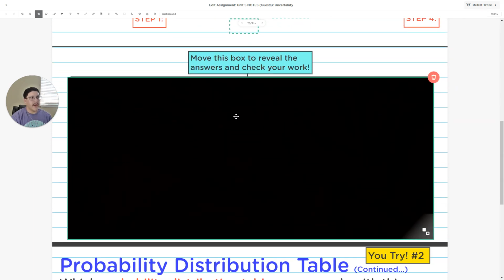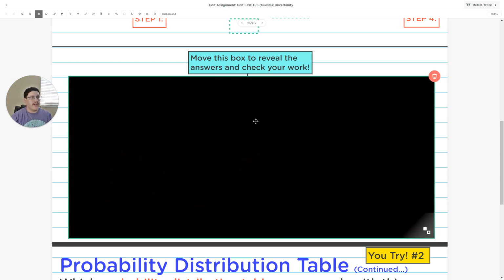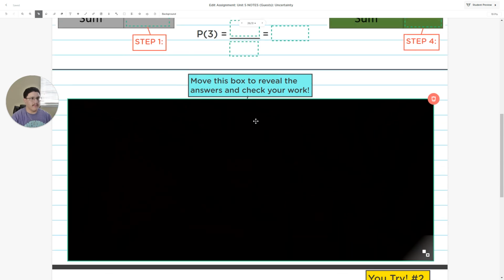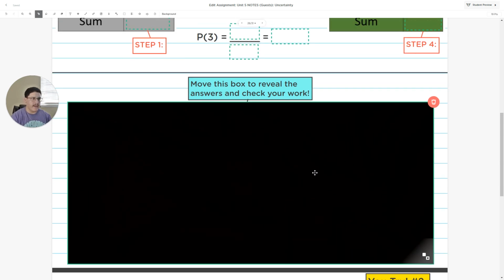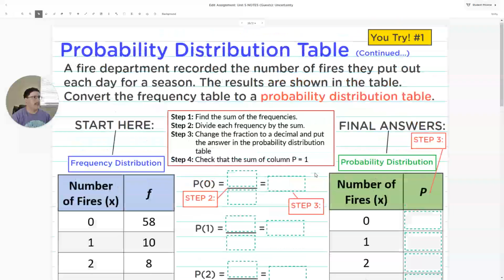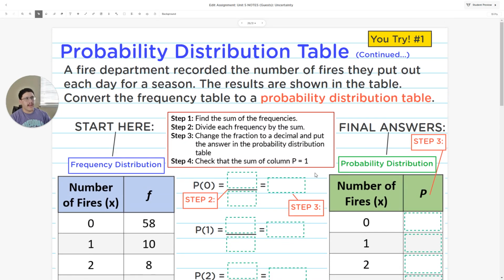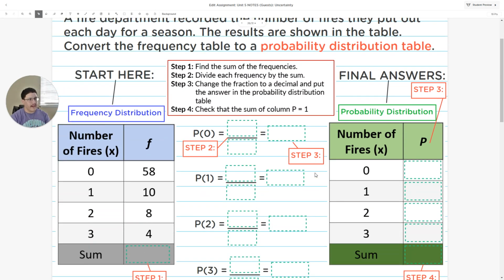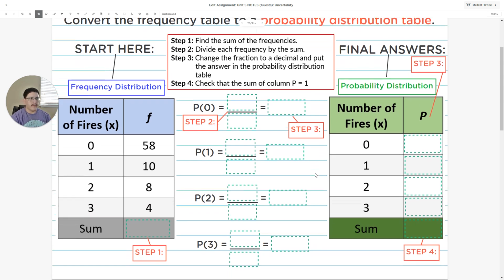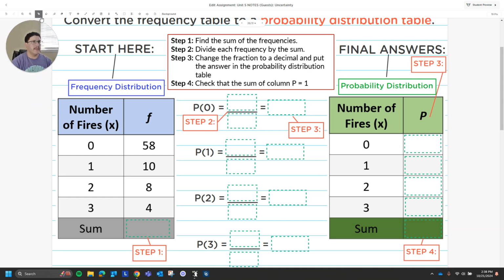And then if you want to check your answer, just scroll down if you're on ClassKick doing the notes as you're watching the video. Look at the box and see if you're doing everything correctly, or move the box and then look behind it. So go ahead and try number 1. See if you can figure this out on your own. Otherwise, I'm going to continue on and show y'all how to do this.